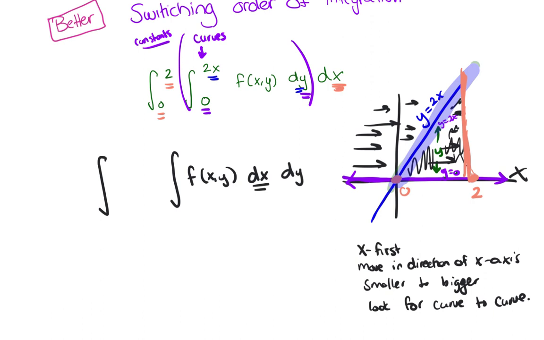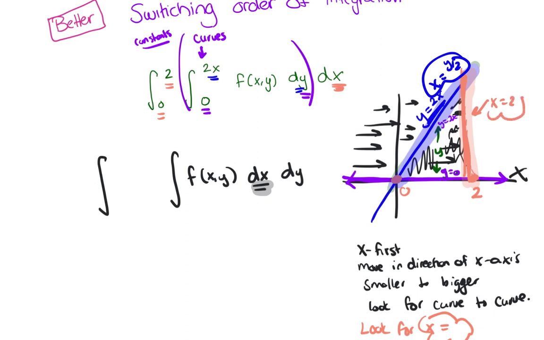So now I just need to write those both as x equals curves. So if it's dx, we're looking for x equals something. This one I know is y equals 2x, so I can solve for x equals y over 2. This one is x equals 2 as a curve. So I'm going from x equals y over 2 to x equals 2.